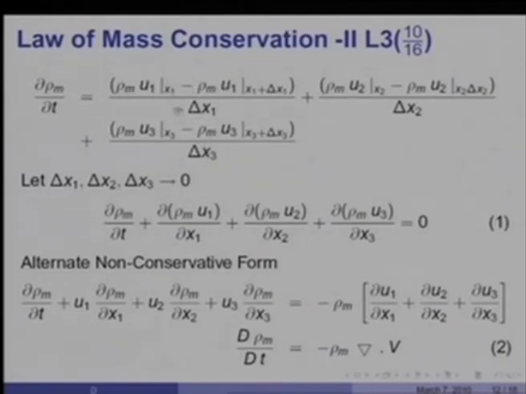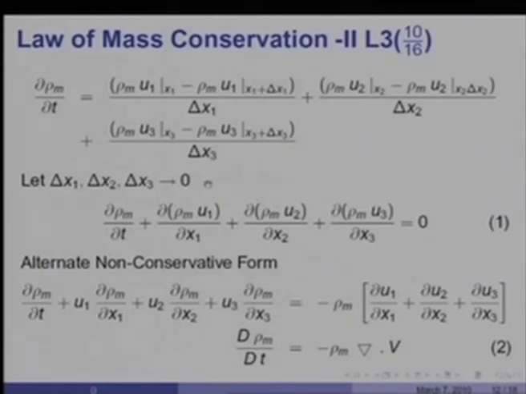This expression, for example, would be minus d rho m u1 by dx1, minus d rho m u2 by dx2, minus d rho m u3 by dx3, which I have transformed on the left hand side to read as follows. So, essentially then, d rho m by dt equals plus d rho m u1 by dx1 plus d rho m u2 by dx2 plus d rho m u3 by dx3 equal to 0 is the statement of the law of conservation of mass in differential form.